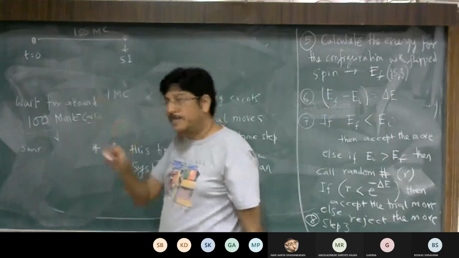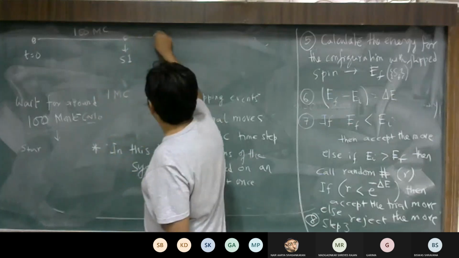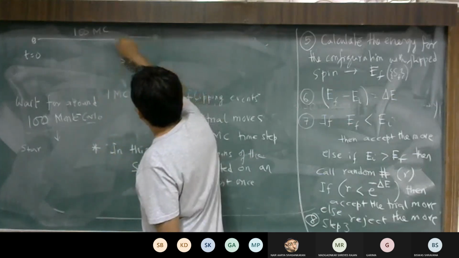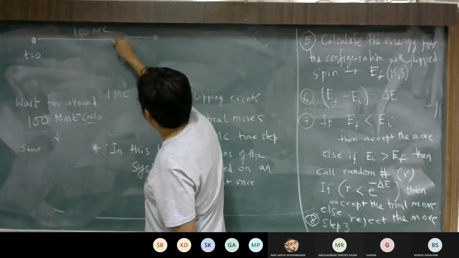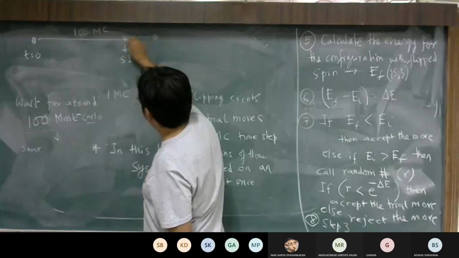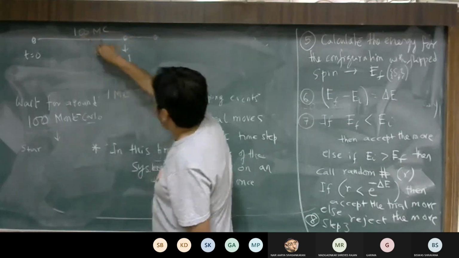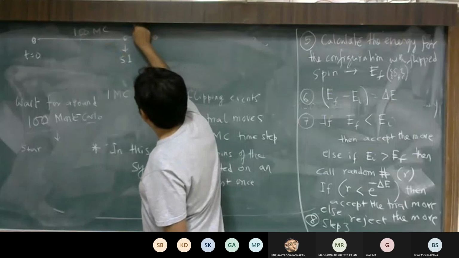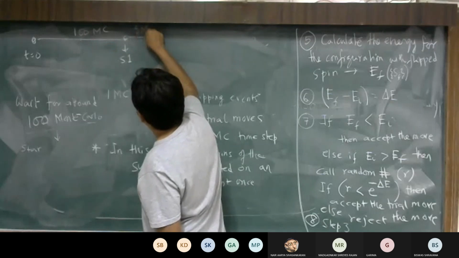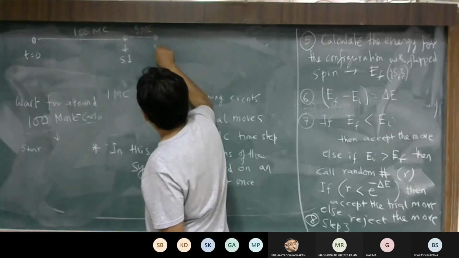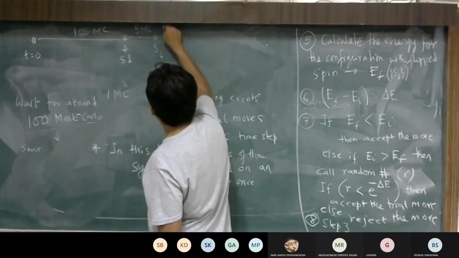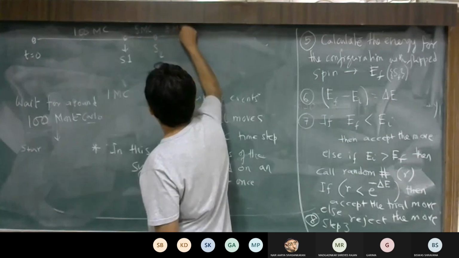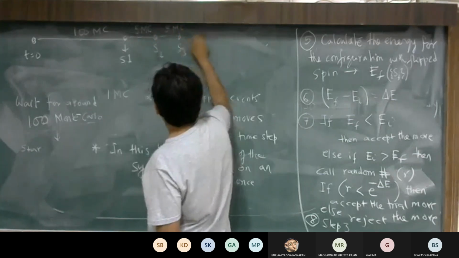And if you want to do a time average, you keep on going again. Now you don't have to wait because the system has already reached an equilibrium configuration. You need not wait for 100 Monte Carlo time steps. In fact, even 5 Monte Carlo time steps are typically good enough. Then this would be your sample 2. Then you again wait for 5 Monte Carlo time steps, you get sample 3 and so on.